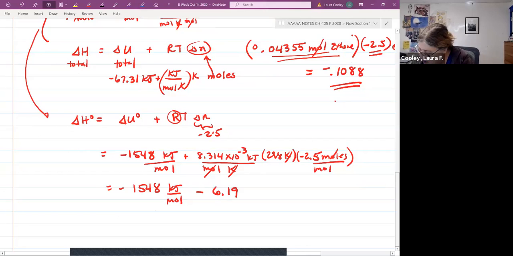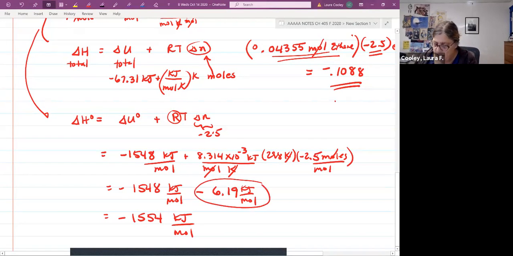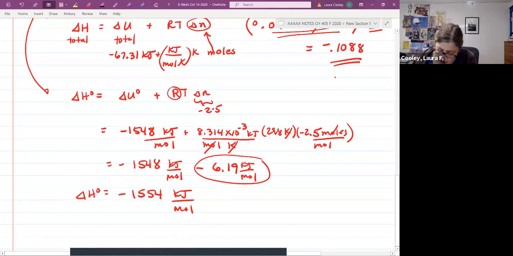So 1548 minus 6.19. Okay, so you can see it's a relatively small correction there. So this is the delta H0.